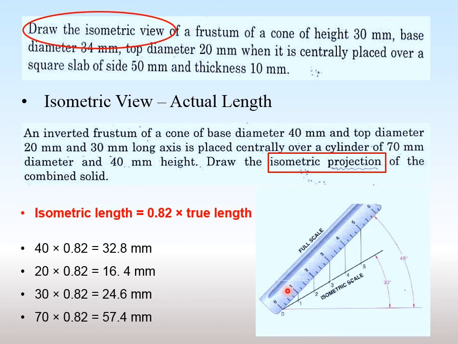On the 45-degree inclined line, you have to mark 40 mm. By keeping the scale like this, you have to mark 40 mm. From this 40 mm point, draw a perpendicular line where it intersects the 30-degree inclined line. That is the corresponding isometric length for 40 mm. So you take a compass, one leg of the compass here and another leg here. You can start drawing the problem.